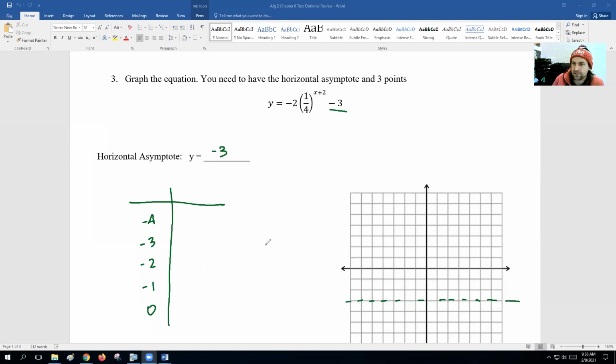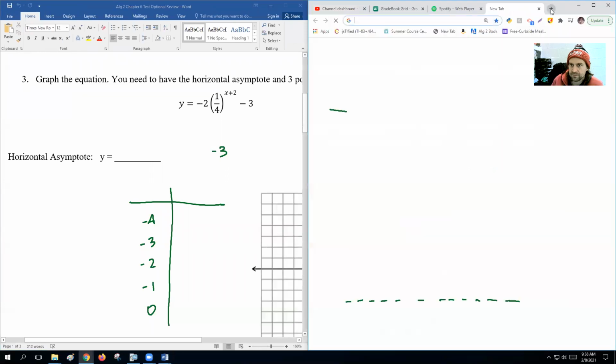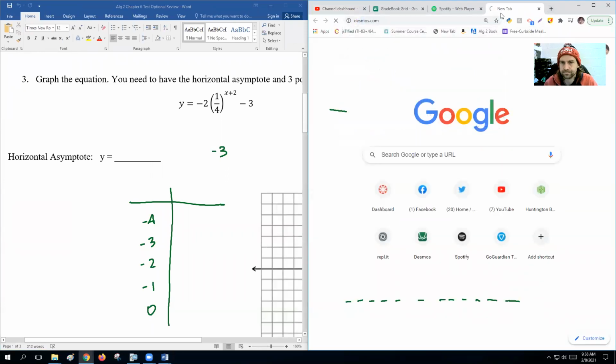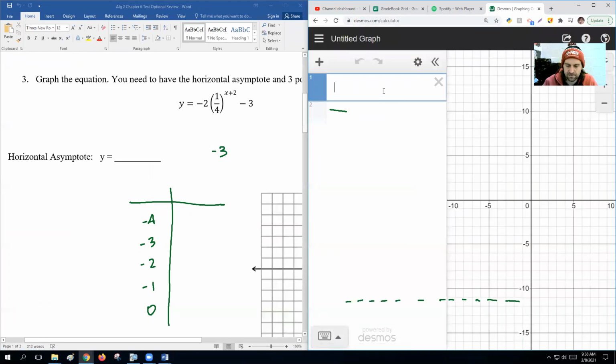And so we can use a graphing calculator here to help us out. So Desmos would probably be really helpful for us here to get these points. We'll just go to Desmos, because the equation is pretty crazy.